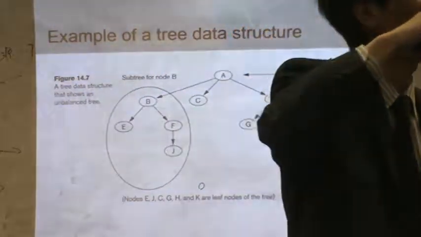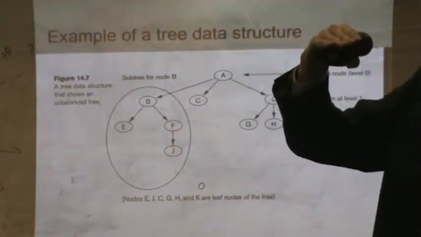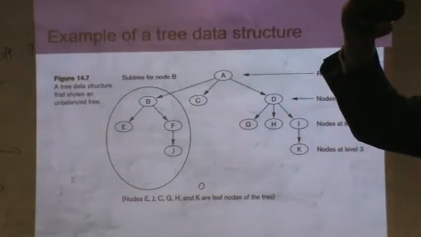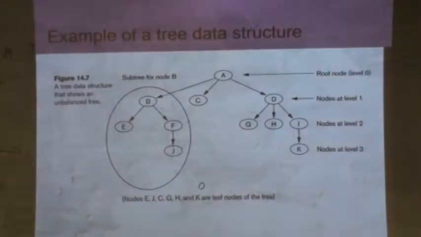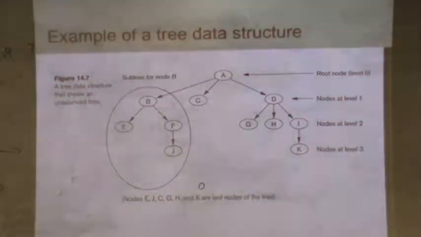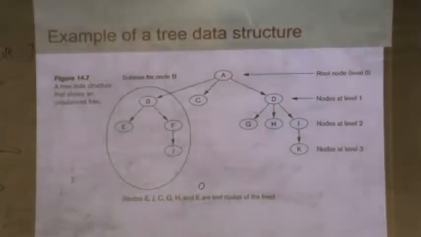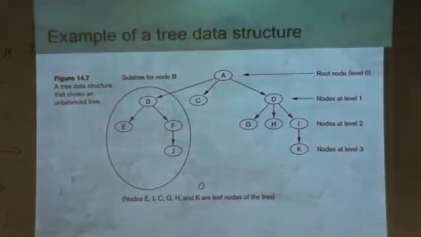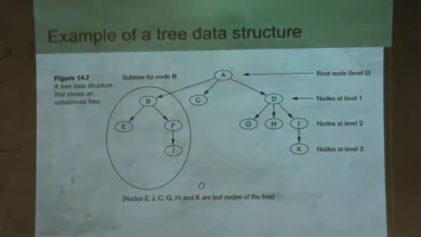And also there exists a relationship between the nodes. What kind of relationship? Parent and children relationship. How many parents? One parent. How many children? Many children. Then the root node does not have any parent, while the leaf node does not have any child node, and the internal node has both of them. This is the tree structure.